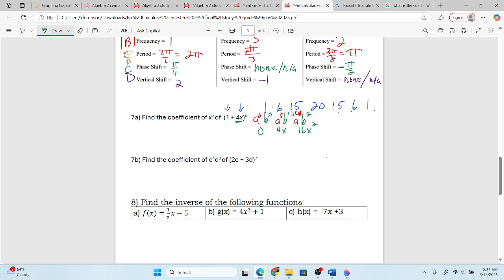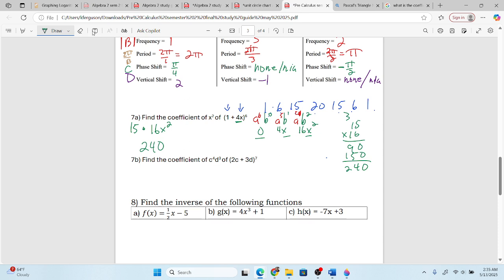So I'm looking at the third term now. 1, 2, 3. So that's 16x squared times the Pascal's triangle version. So that's 15. And 15 times 16 is 240. So the coefficient is 240.